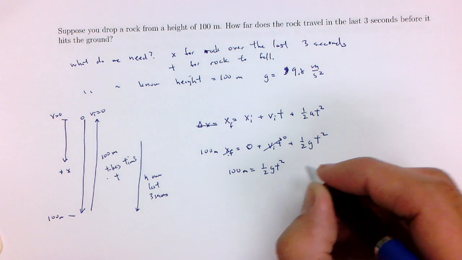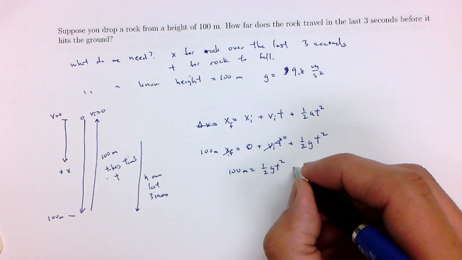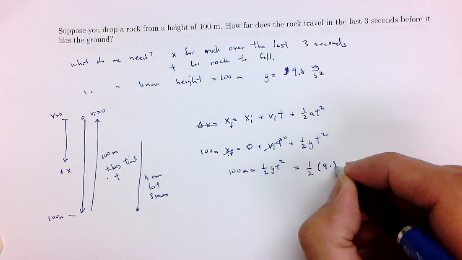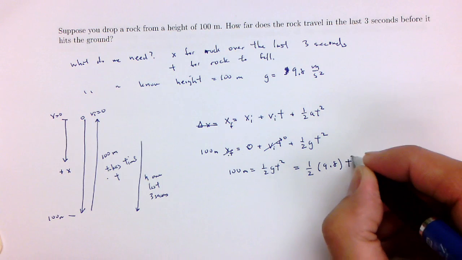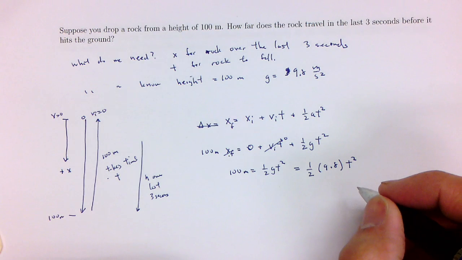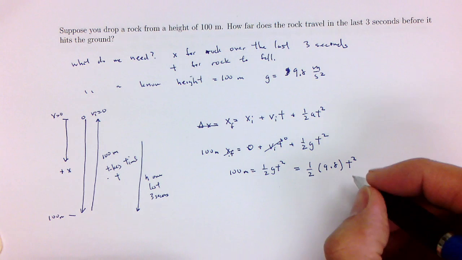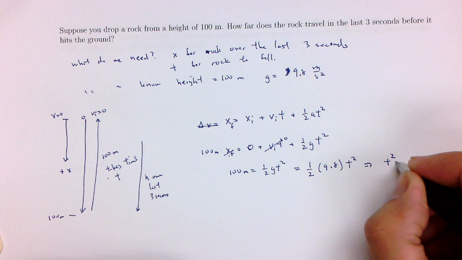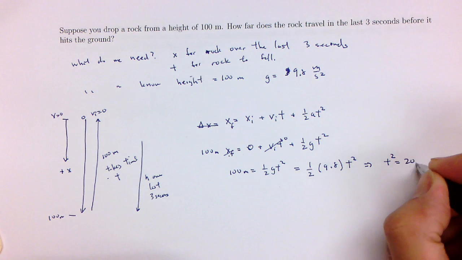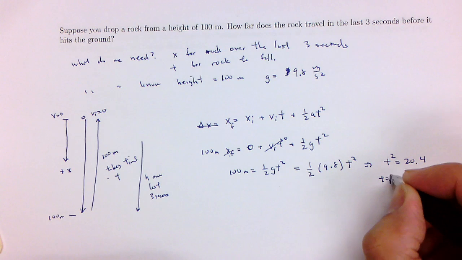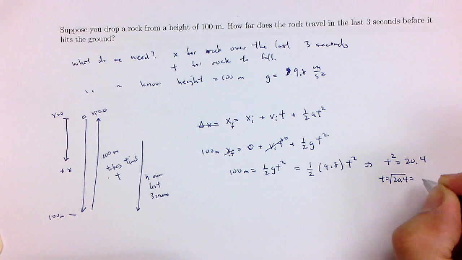Okay, let's plug in numbers now. We'll solve for t. So plugging in numbers, it's 1/2 times 9.8 meters per second squared times t squared. When we work this out, this implies that t squared is equal to 20.4, which means that t is equal to the square root of 20.4, which is about 4.51 seconds.